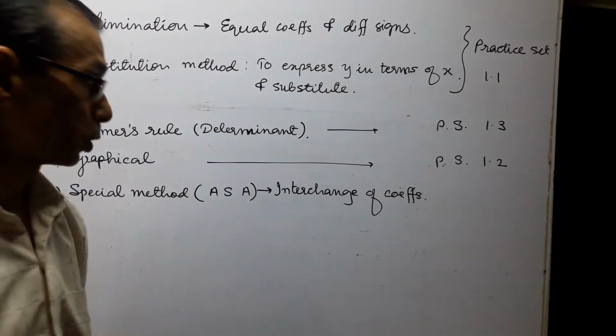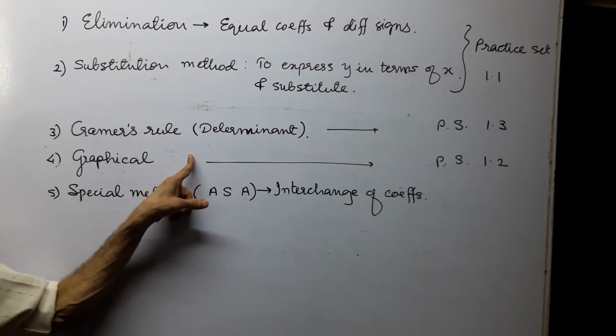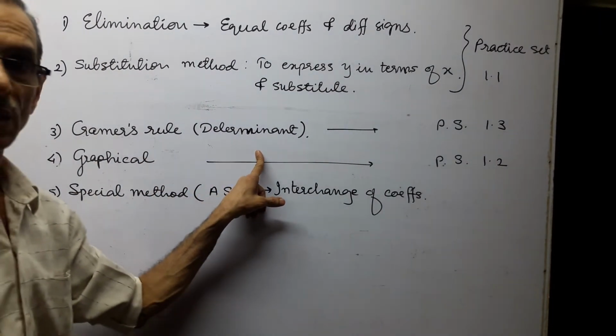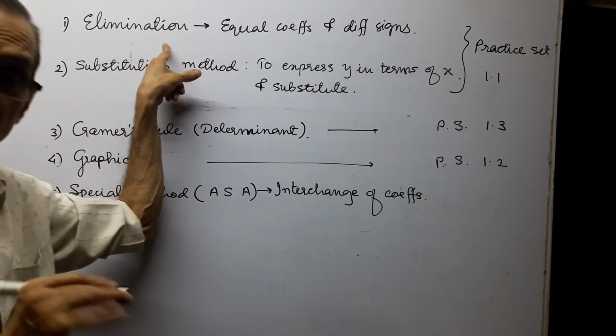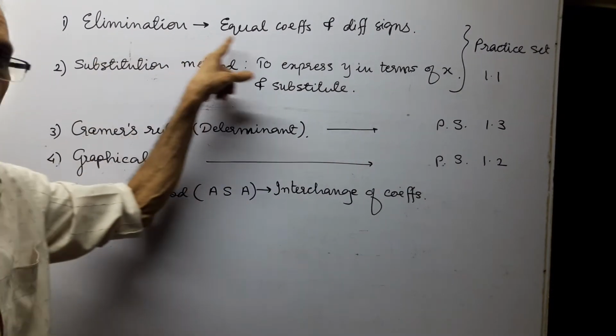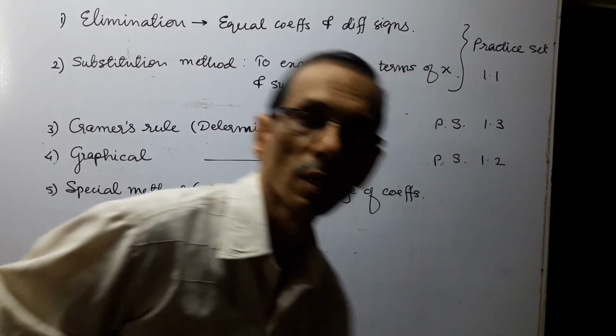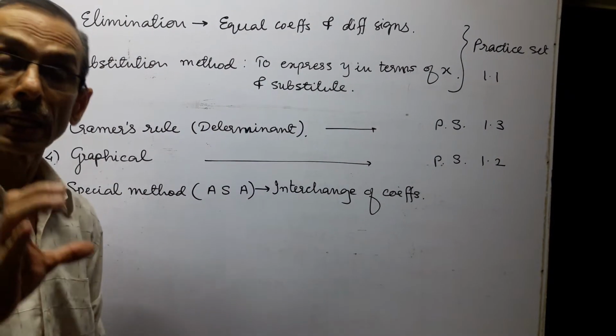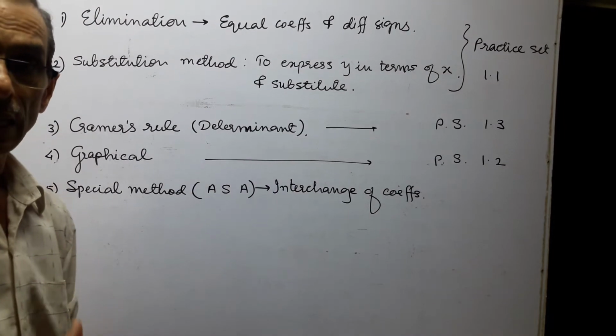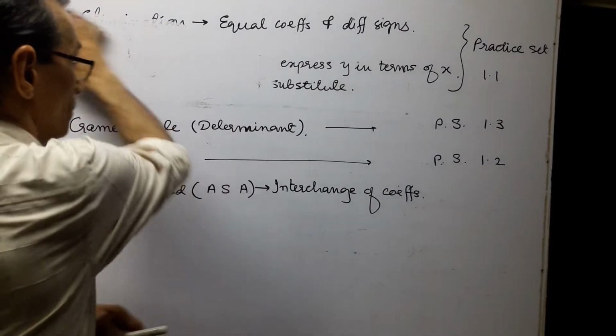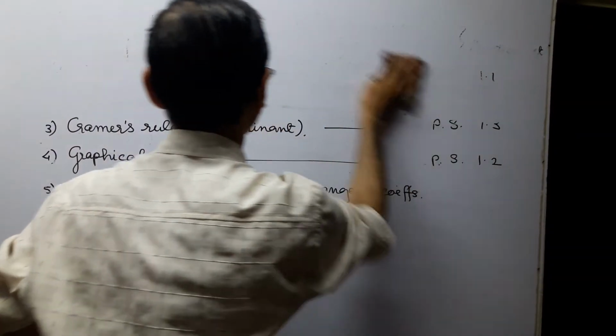Today we are going to study Cramer's rule, also called the determinant method, and this is a shortcut to the elimination method. But before we study Cramer's rule, there is one arrangement or array, and we are going to study that first. Try to understand this.